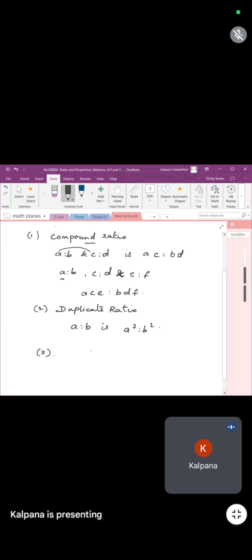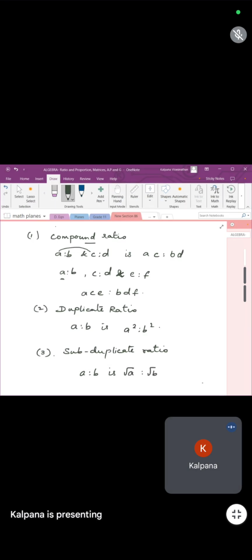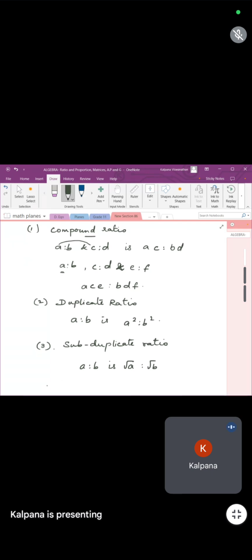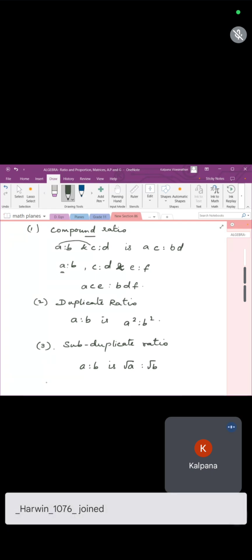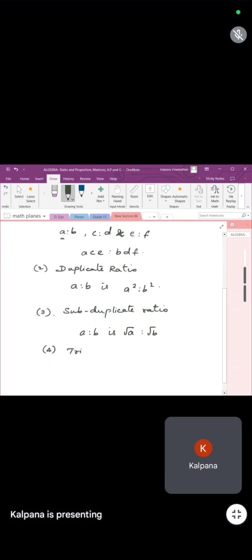Then we have subduplicate ratio. Subduplicate ratio of A is to B will be the square root of A and the square root of B. Then the next one we have is triplicate ratio.